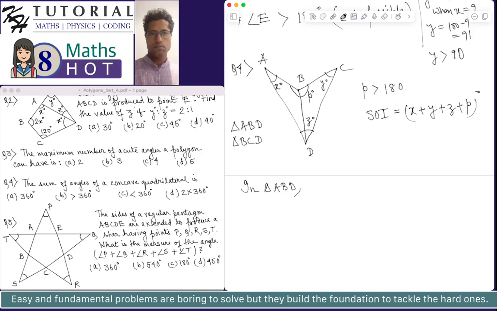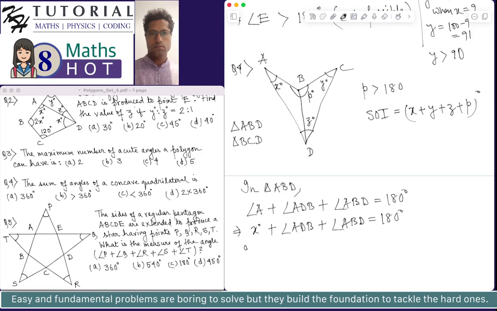Okay, so now in triangle ABD, using the angle sum property, angle A plus angle ADB plus angle ABD should be equal to 180 degree. So this implies that x degree plus angle ADB plus angle ABD is equal to 180 degree.